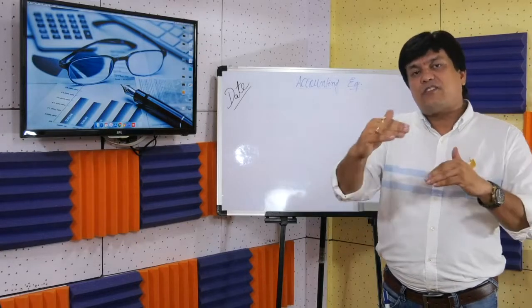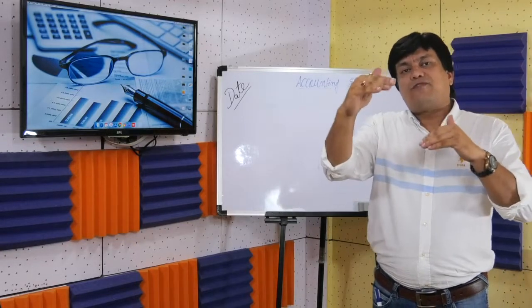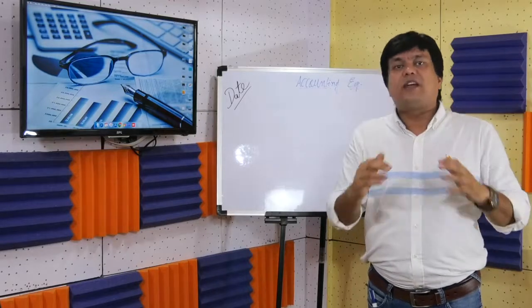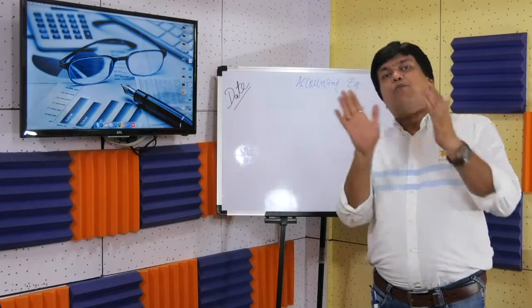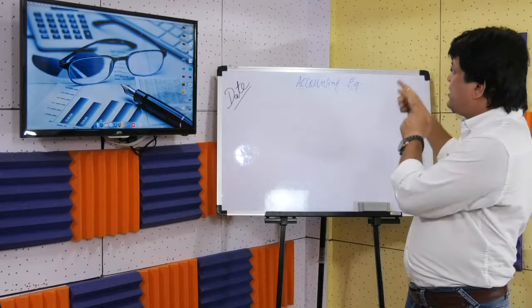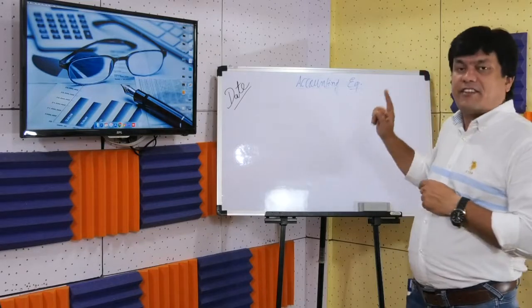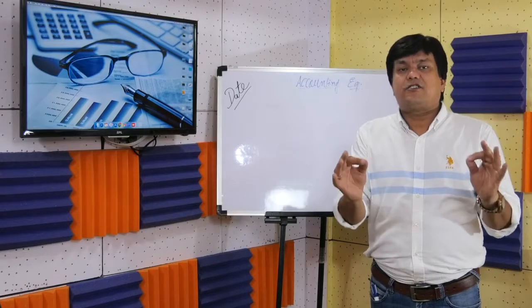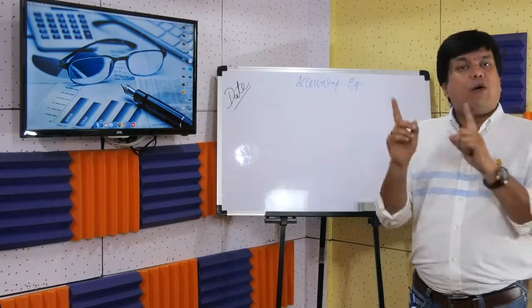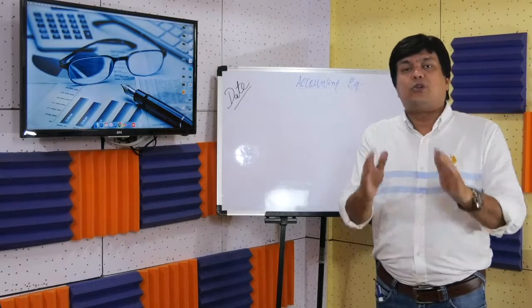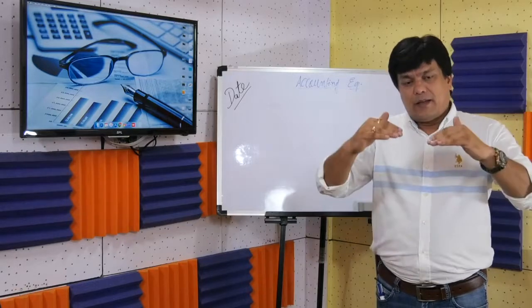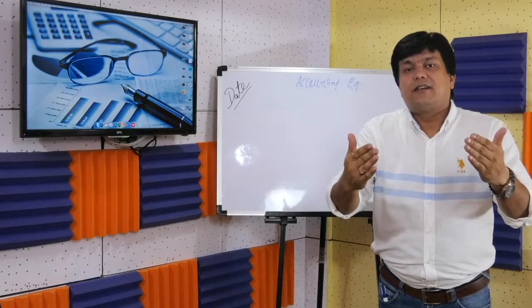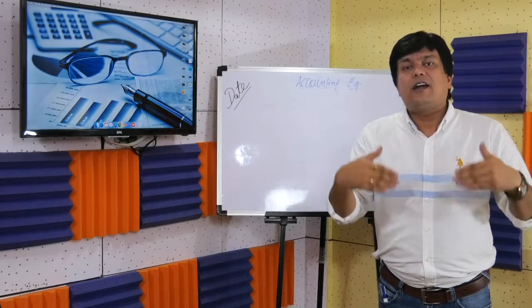So let us first discuss 5-6 examples of how we can identify aspects. Then we move to the presentation of the accounting equation, where it is said the total assets of any business will always be equal to the total liabilities. So let's start learning accounting aspects.